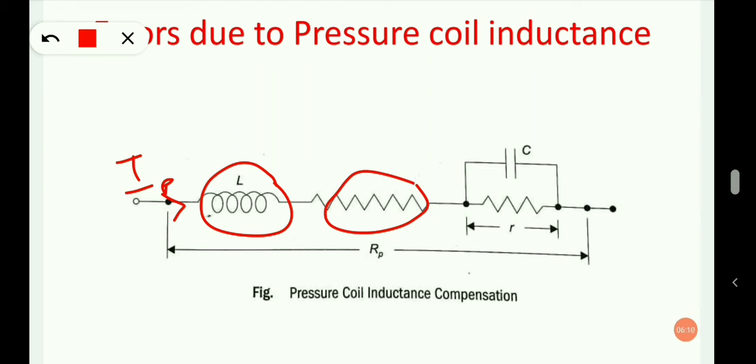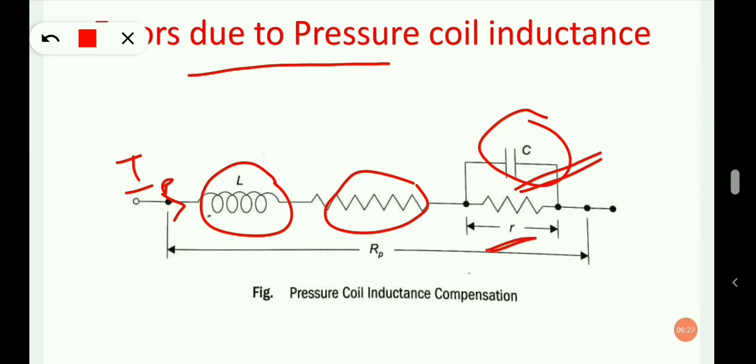So how to compensate this error? To compensate the error caused due to pressure coil inductance, a capacitor is connected across a part of series resistor R as shown in the figure.